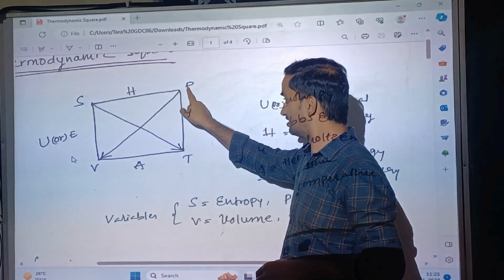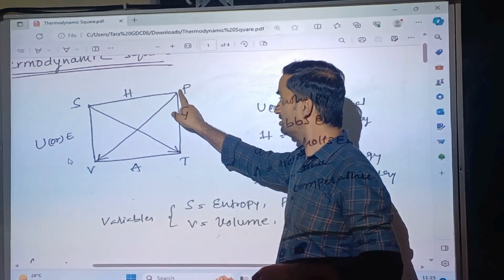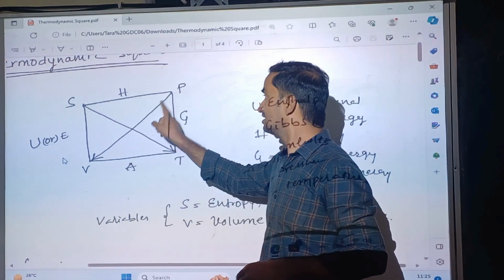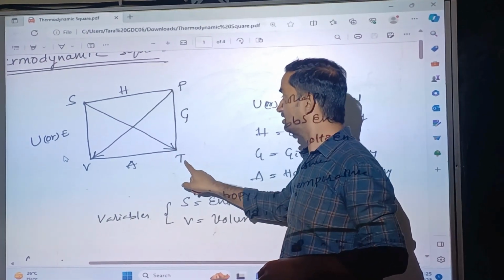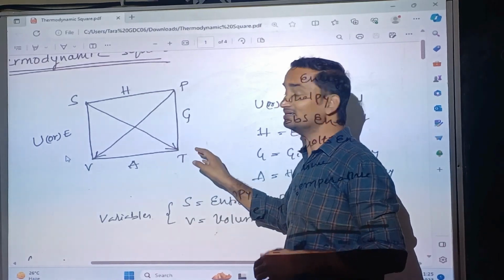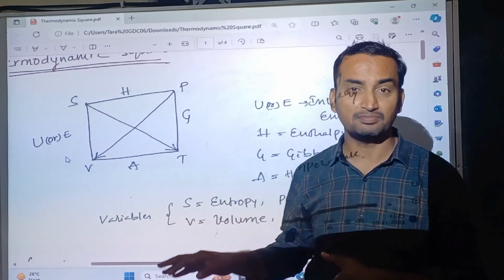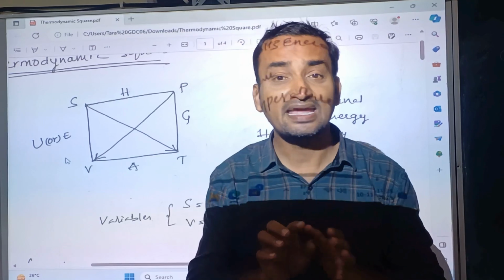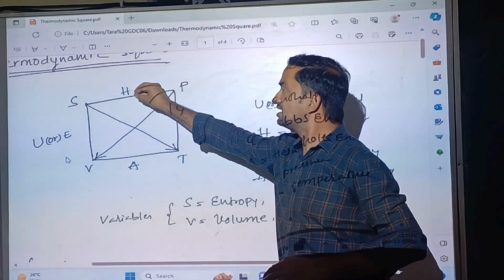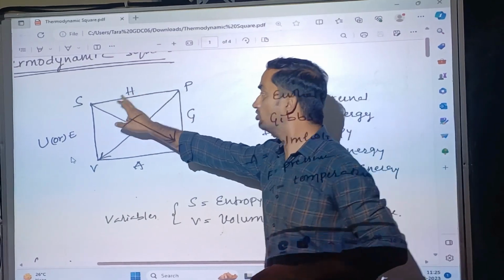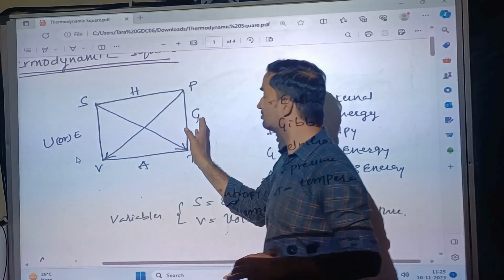Now for this variable, arrow mark is away. That means we have to keep plus sign before this one. Whereas for this one, arrow mark is towards the temperature. That's why we have to keep the minus sign. So simple thing to get the partial derivative of any one of these four thermodynamic potentials. What are the four thermodynamic potentials?